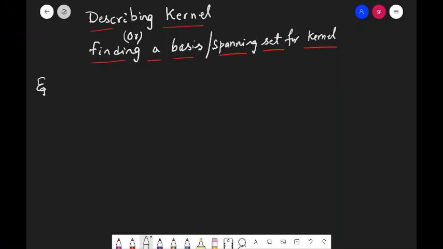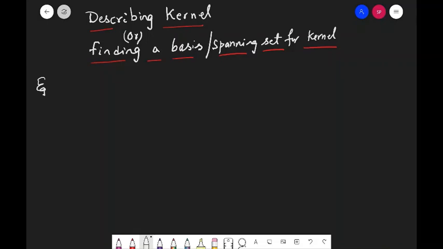Now we will look at an example where we can describe the kernel or find a basis or spanning set for the kernel. So this is a procedure we will do either for describing a kernel or finding a basis or spanning set for the kernel.